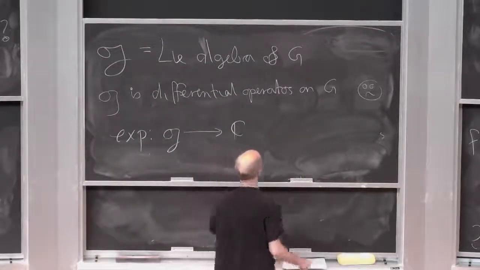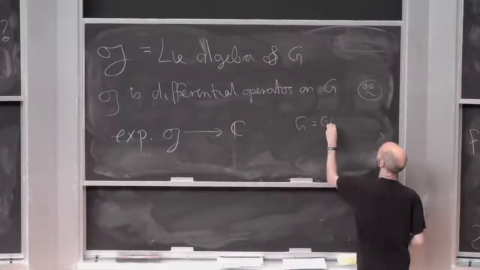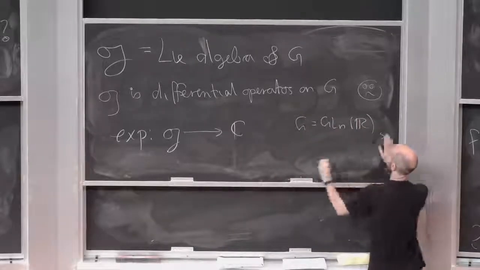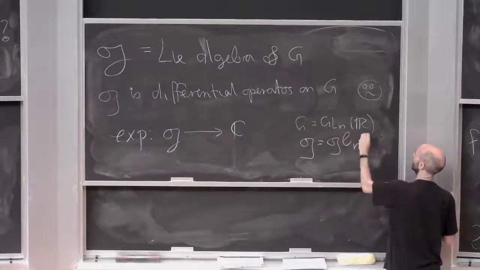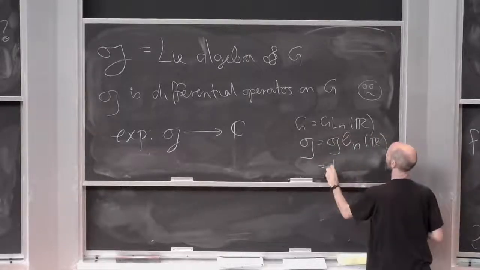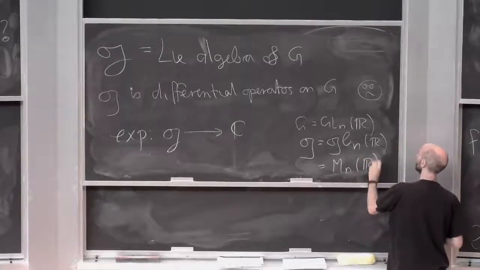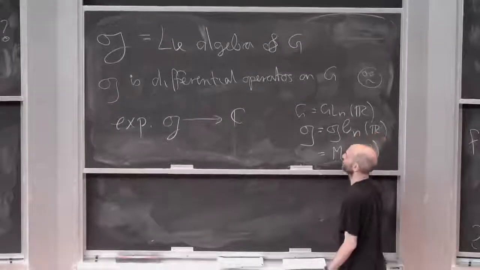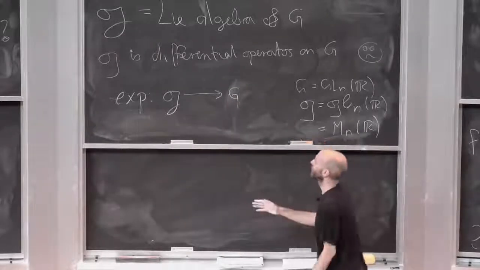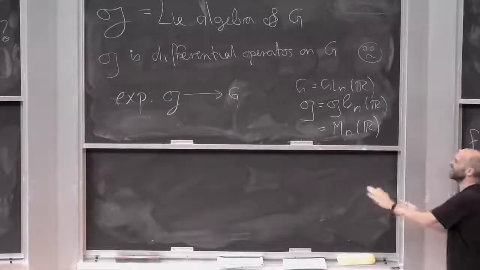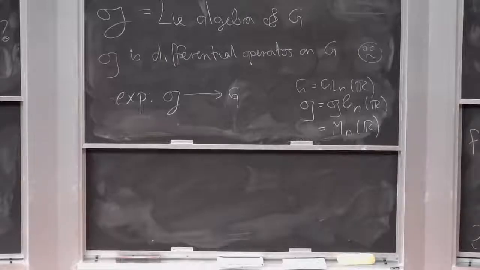If G is GLN of R, then this Lie algebra, I think people write curly GLN of R, is just n by n matrices. And there's an exponential map, the Lie algebra being the tangent space of the Lie group at the identity.